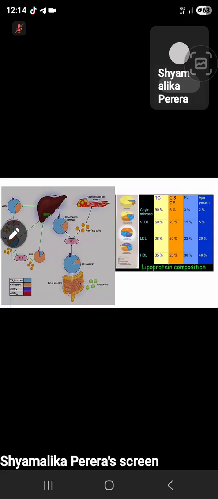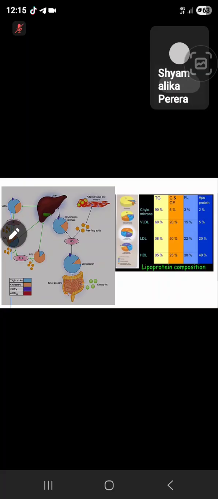So main lipoproteins are chylomicrons, VLDL, LDL, and HDL. So the chylomicron is the molecule containing a high amount of triglyceride. And HDL is the molecule which contains high levels of proteins. So based on this composition, it can separate according to the density, high density, low density.